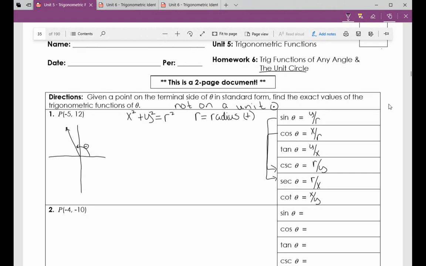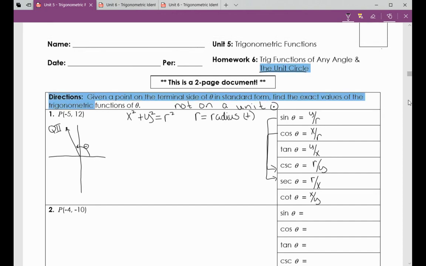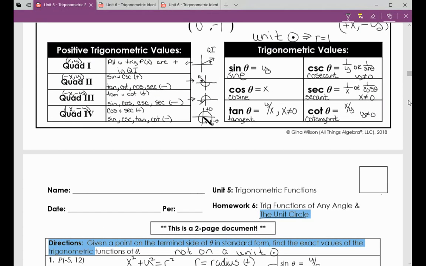Now, with respect to the location of the terminal side of this angle, I am in quadrant 2. Can you look back at the bottom of your unit circle and tell me which 2 of these 6 functions should be positive in quadrant 2? There's only 2. That information is right there on the bottom of your unit circle.